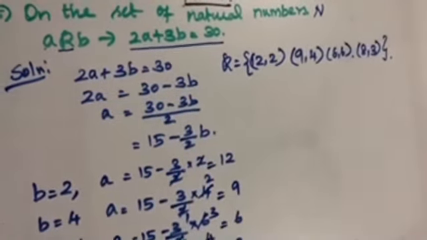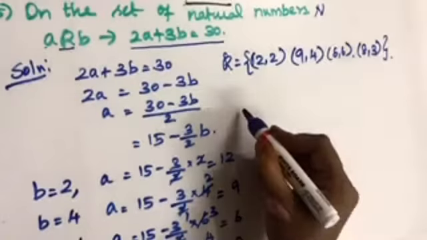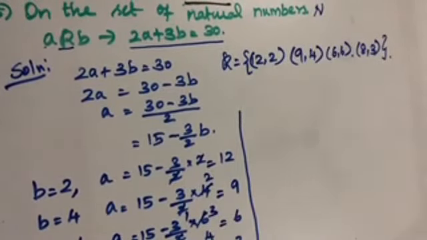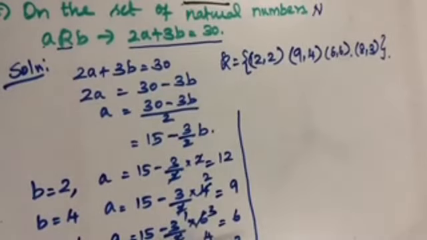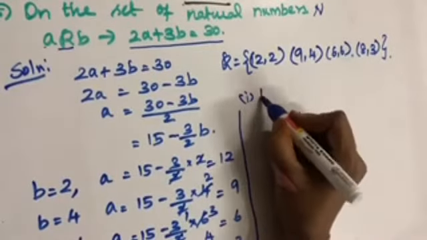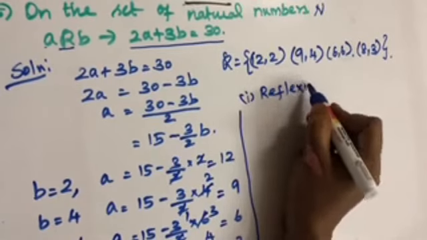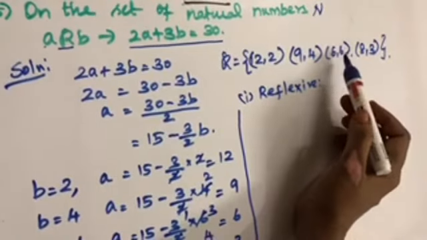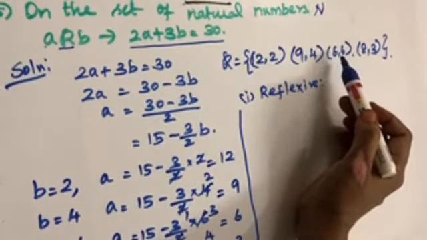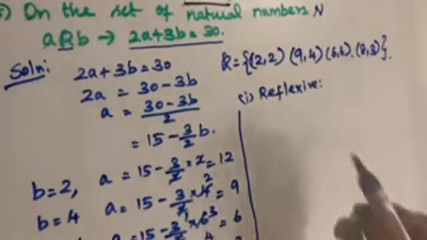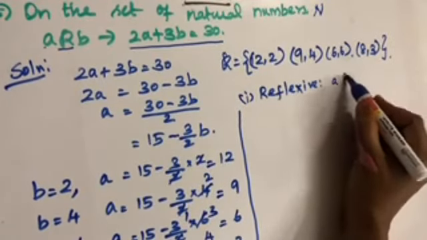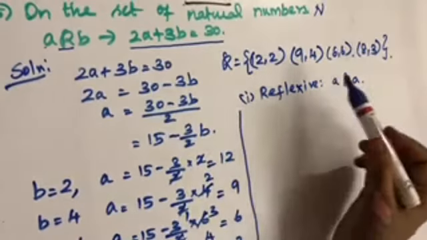We have to check whether it is reflexive, symmetric and transitive, so that we can tell whether it is an equivalence relation or not. First condition is reflexive. Whether it is reflexive? Reflexive means A should be related to A. But here only 6, 6.